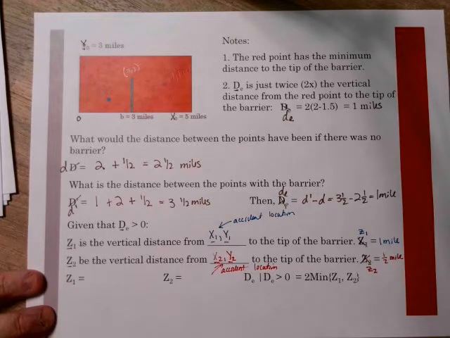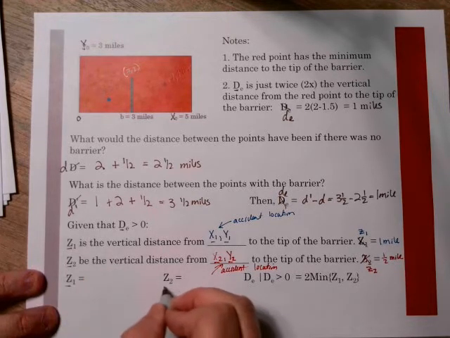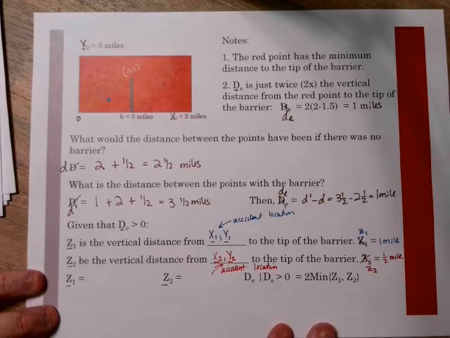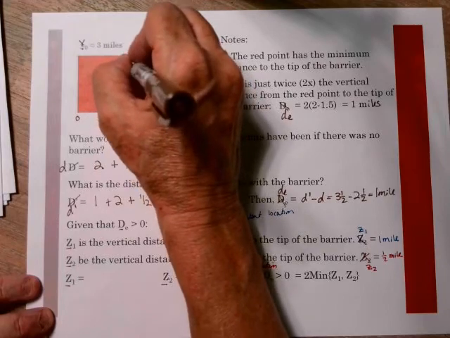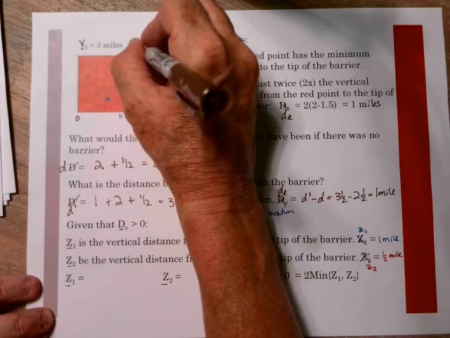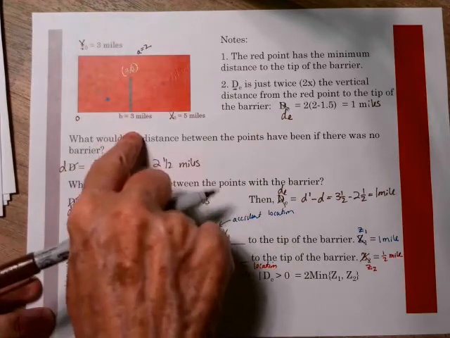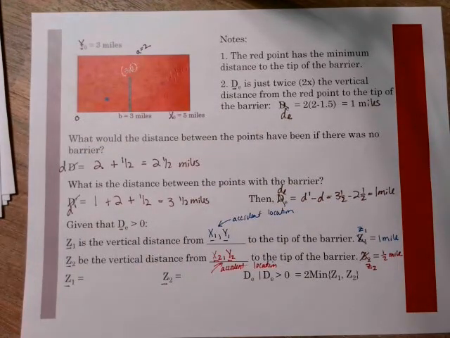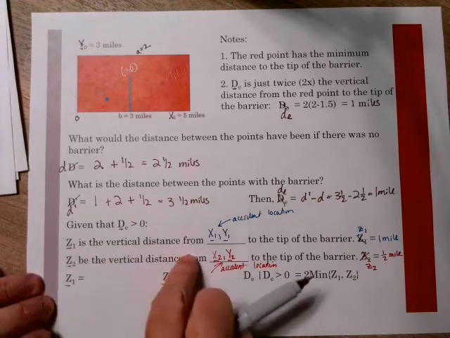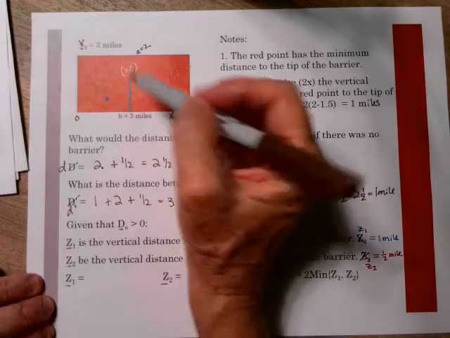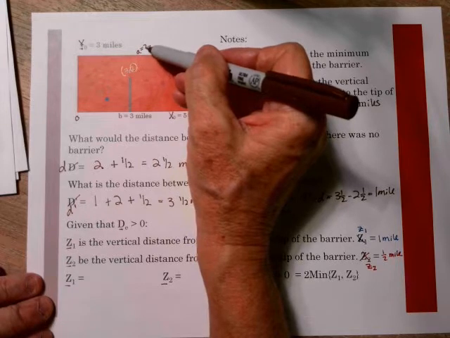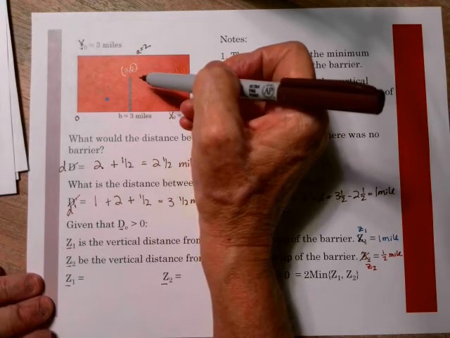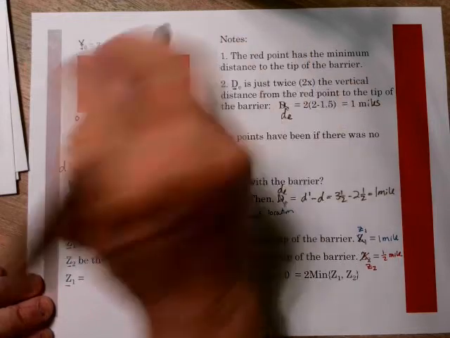And I can represent my random variables here by using the notation from the textbook. The textbook says that A equals 2 and B equals 3. So A and B are just the coordinates of where the barrier endpoints are. So we could represent Z1 as the height, which is A of 2 miles, minus the Y location of the accident.